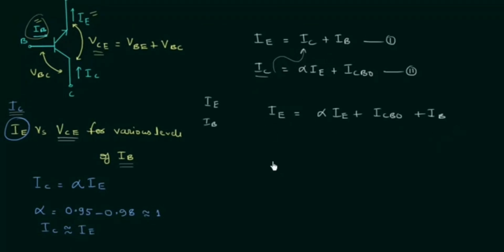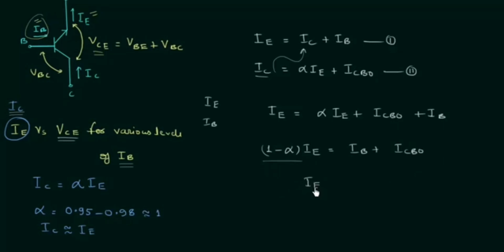I can further simplify this as 1 minus alpha IE equal to IB plus ICBO. Now I will divide both the sides, the left hand side and the right hand side, by 1 minus alpha.